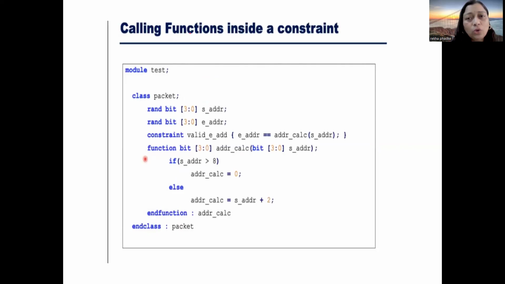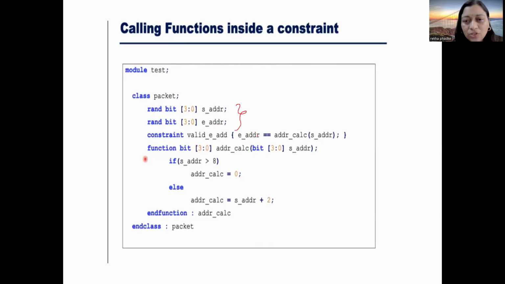You can also call functions inside a constraint. For example, here I have class packet. Then I have two variables, s_addr and e_addr, which are of rand type. Then I'm constraining the value of e_addr.